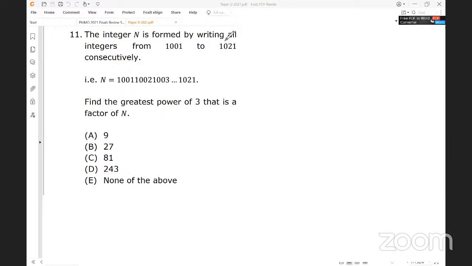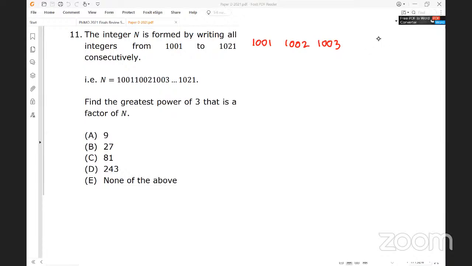In here, I will write the numbers like 1001, 1002, and 1003. I will arrange them like this so that it's easier for you to count the sum of all digits.